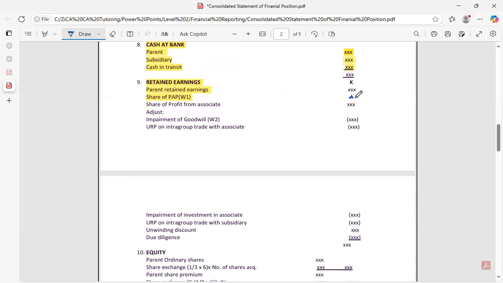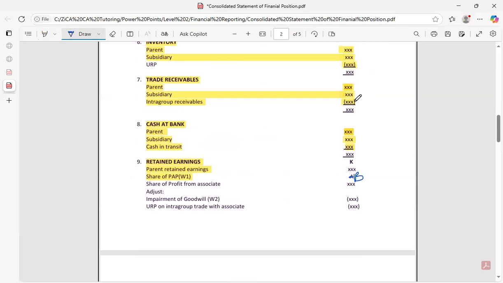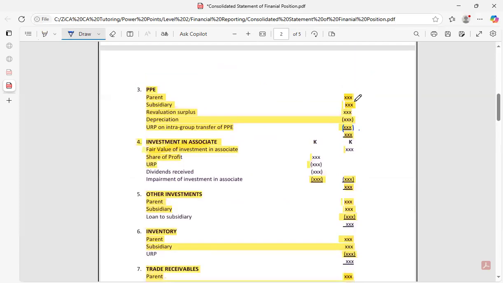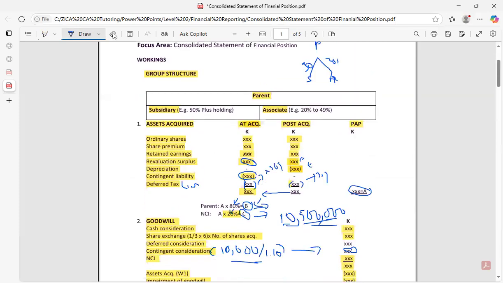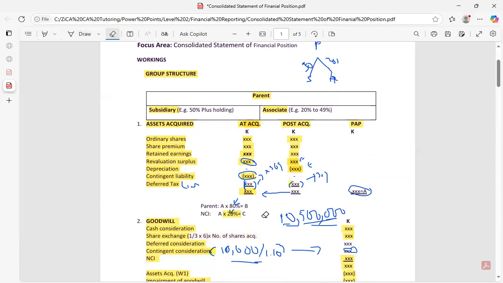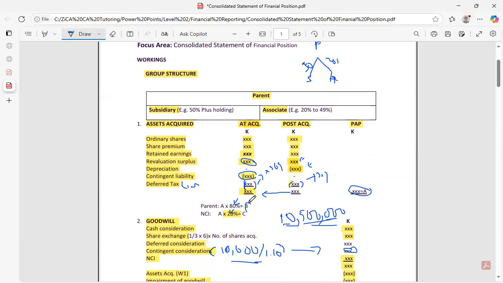So this B that we found, this B that we have here, right? We get the post-acquisition profit multiplied by the holding of the parent.